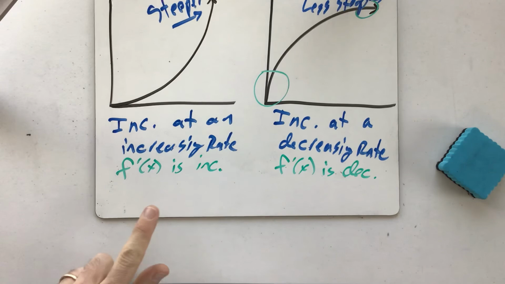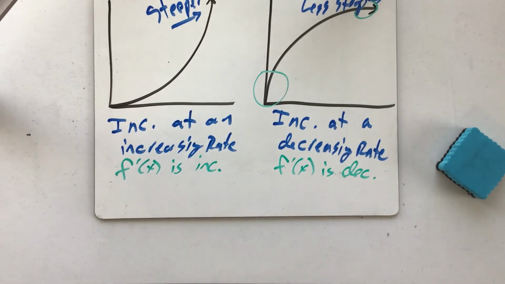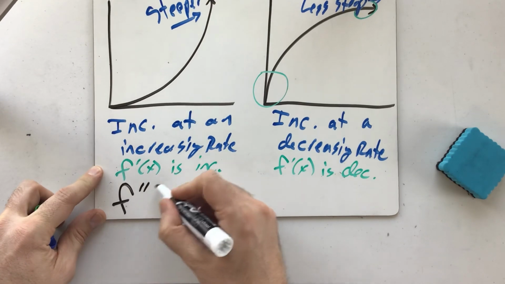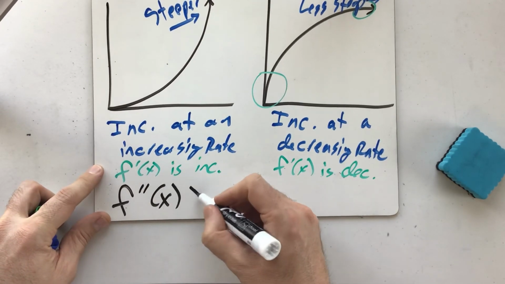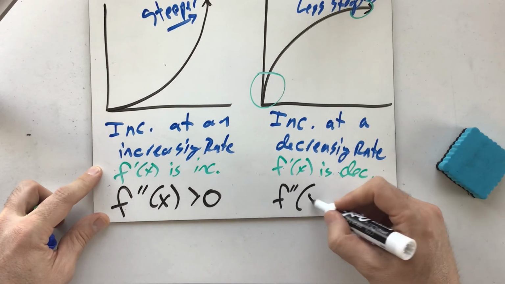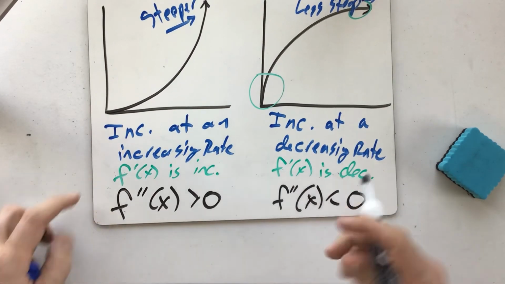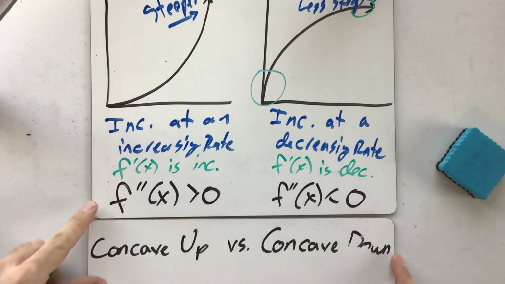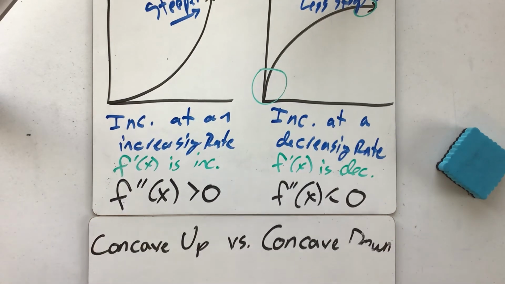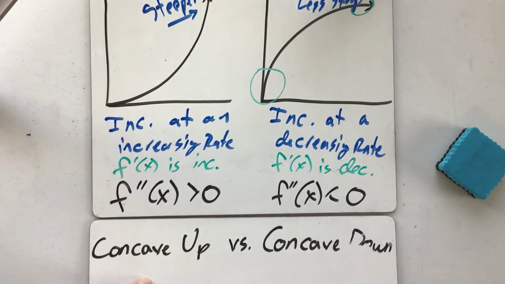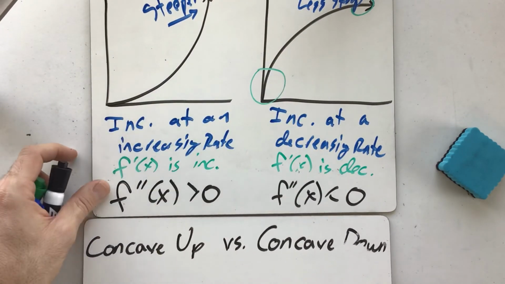Well, if the derivative is increasing, that means the derivative of the derivative must be positive, or what we call the second derivative is greater than 0, versus over here, our second derivative is less than 0. Well, this is exactly what we mean when we use the words concave up and concave down. So this one is what we call concave up, and this one is what we call concave down.